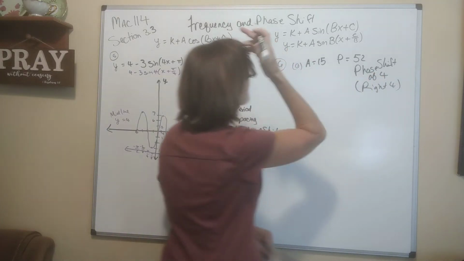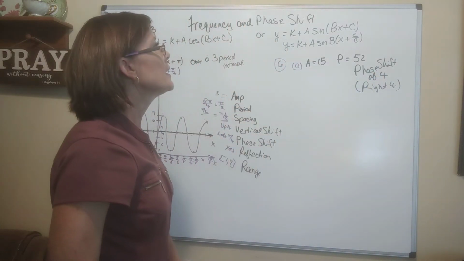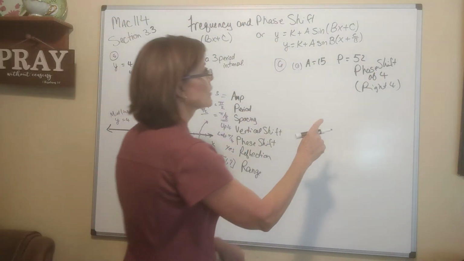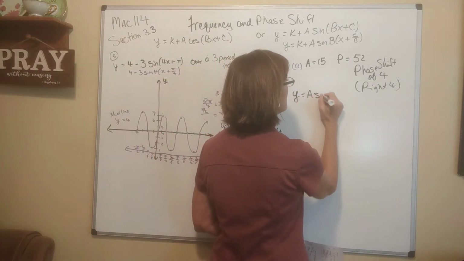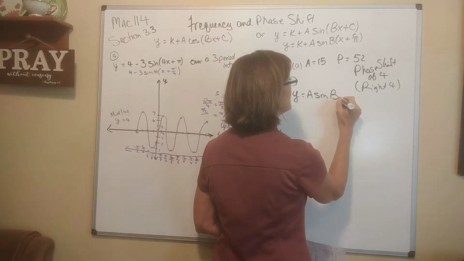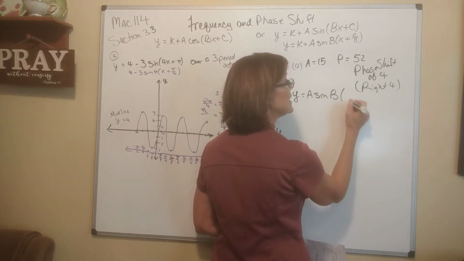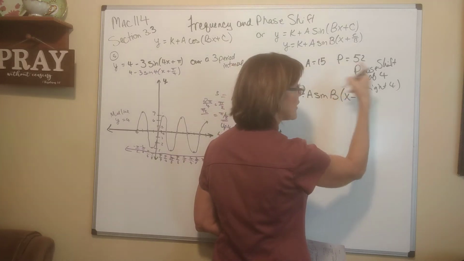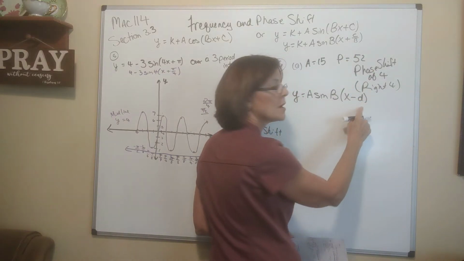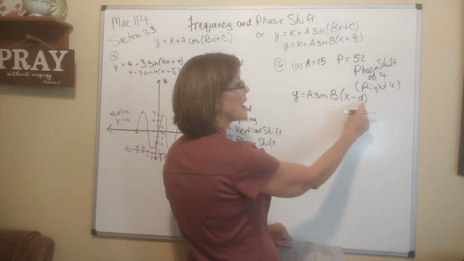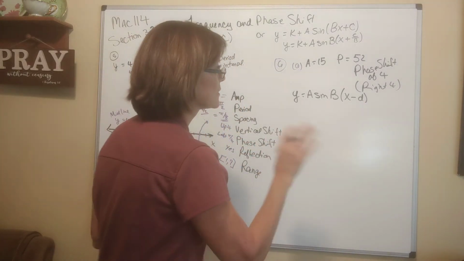Okay, so here is the deal. When I'm putting this into my equation, I'm going to write it like this. Y is A sine of B, and then here I'm going to say x minus my phase shift. You can call this C over B, or you can name it something else. Sometimes they'll just throw a D in there, minus some phase shift. So that's what I'm going to do.